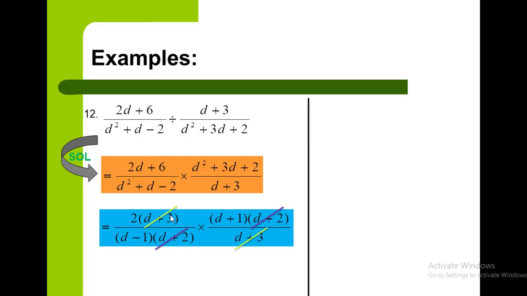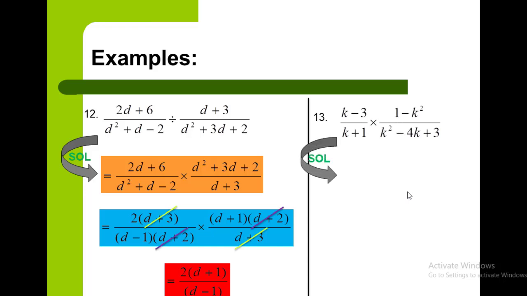We'll cancel d plus 3 from the numerator with d plus 3 from the denominator, and we will cancel d plus 2 with d plus 2 from numerator and denominator. Then the final answer will be 2 multiplied by bracket (d plus 2) over (d minus 1).